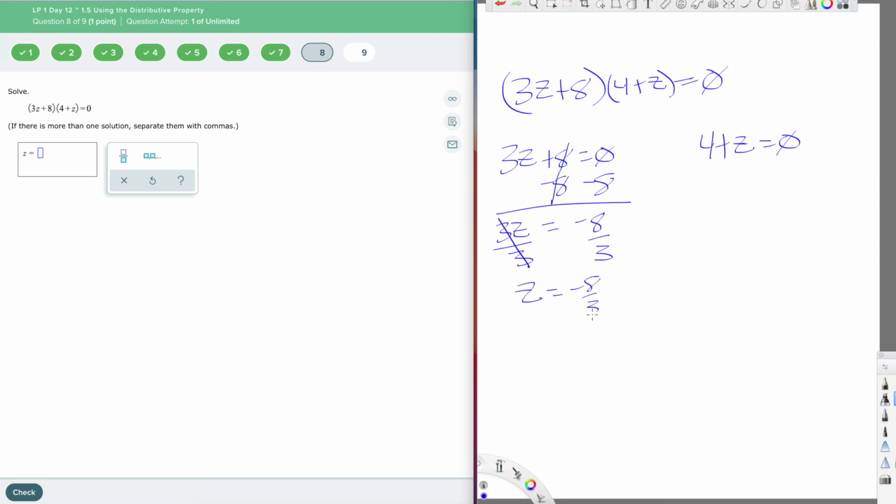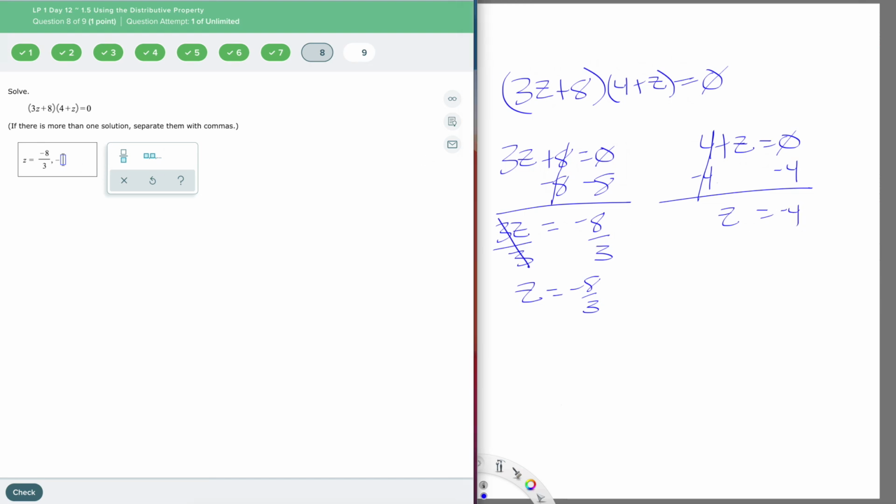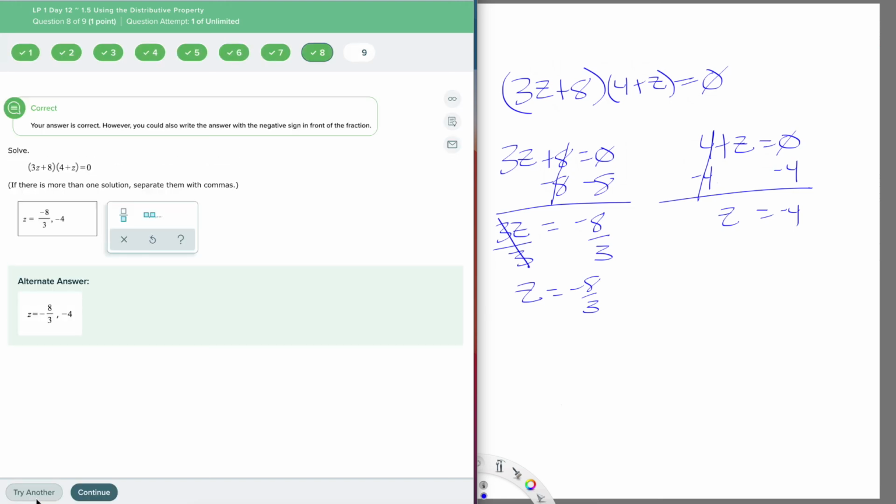I'm going to leave it -8 thirds because it doesn't give me any instructions on rounding, so I don't want to round anything and then get marked off for that. All right. This one I'm just going to subtract 4 from both sides. 4 minus 4 cancels. Z equals -4. So I have -4. So let's see. Check. Yay. Your answer is correct.